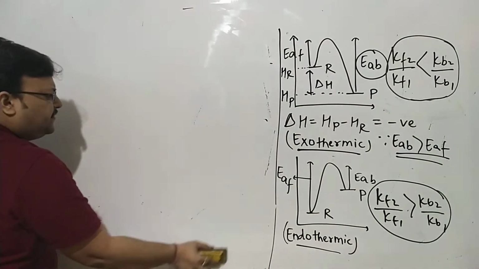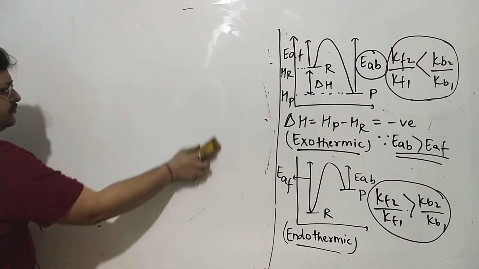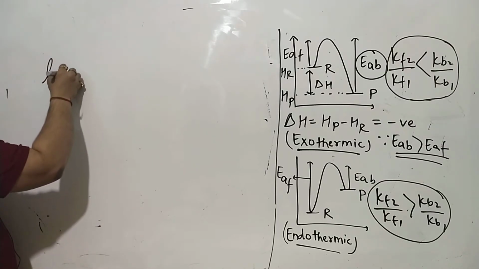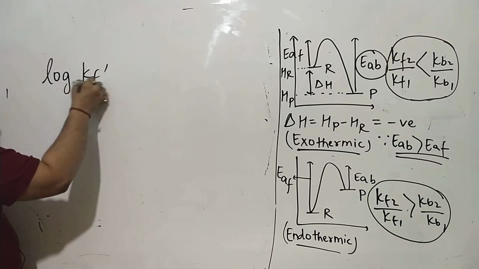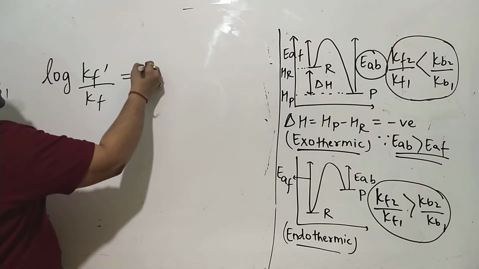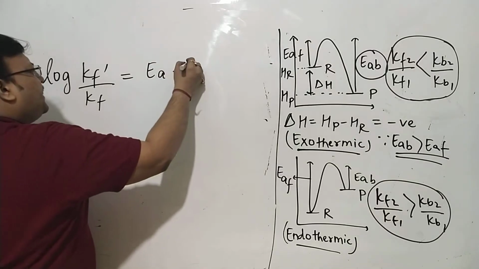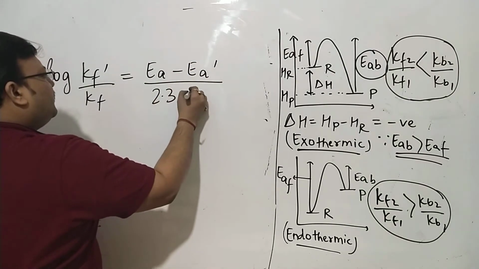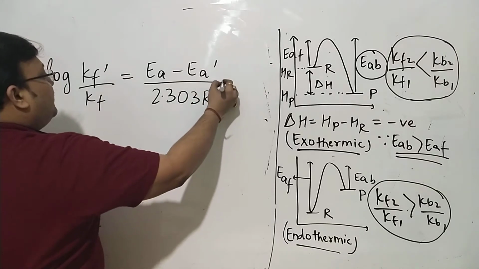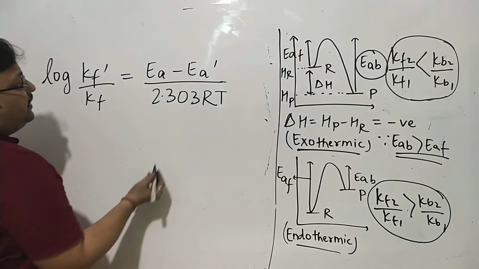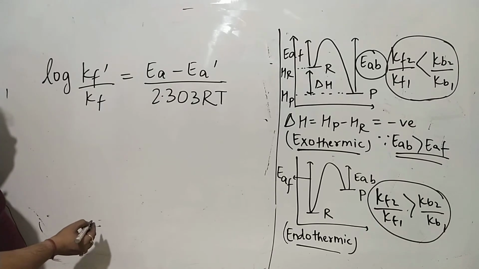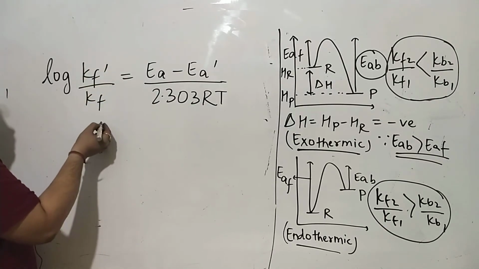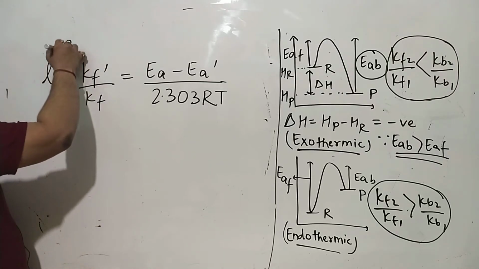For a catalyst, we had an expression like log kf prime upon kf is equal to Ea minus Ea prime upon 2.303 RT. And because a positive catalyst was lowering Ea to Ea prime, at a given temperature, Kf prime was more than Kf. This was for a catalyst.